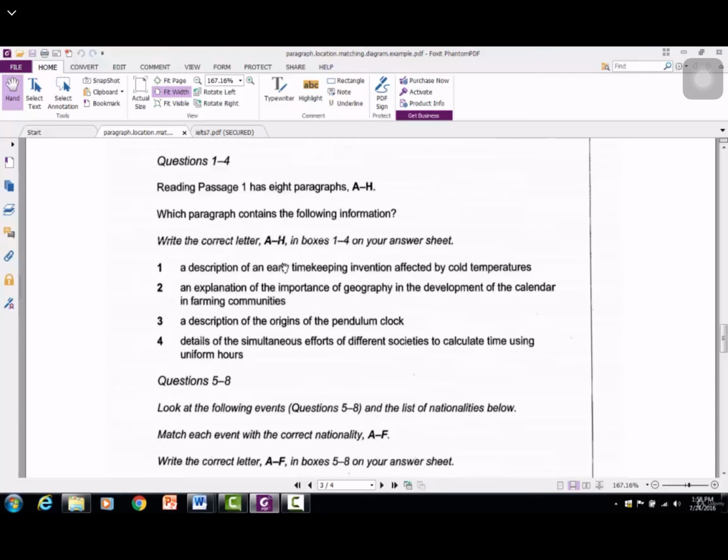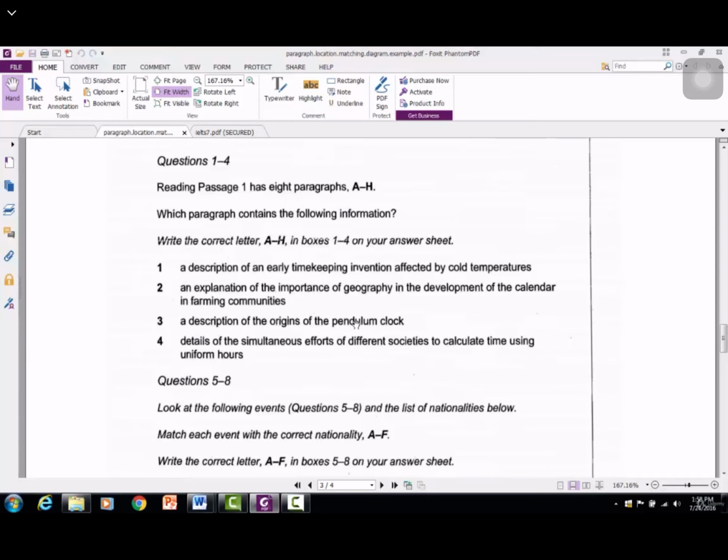So for number 1, we have early timekeeping convention and also something about cold temperatures. Those are the keywords that I would circle or underline, okay? For number 2, we're talking about geography, and then another noun, calendar, and then next, farming communities. Those are the words that I would underline or circle: geography, calendar, farming community.